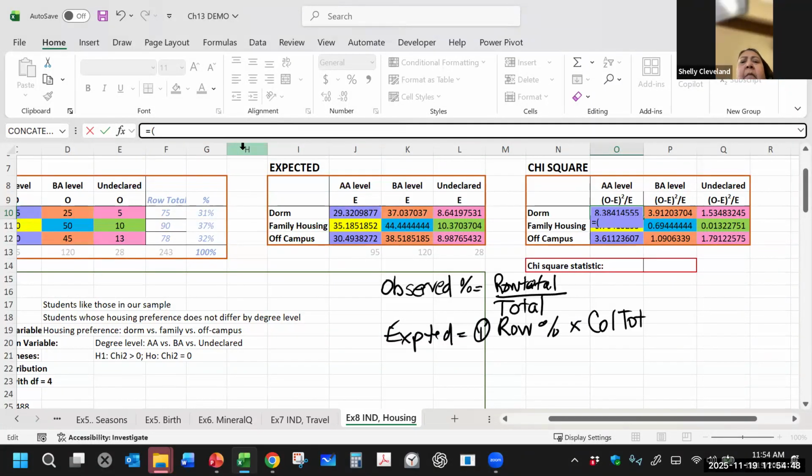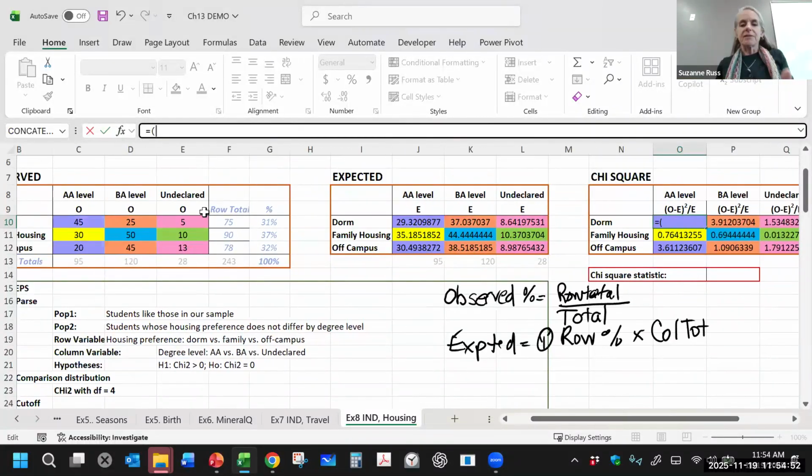Okay, so opening parenthesis, and hold on. The colors will help your eyes not accidentally click the wrong cell. But let's take the AA dorms, that's the O. Let's subtract the E, which is the purple cell referring to the AA dorms expected. Parentheses around that. So now we have O minus E.